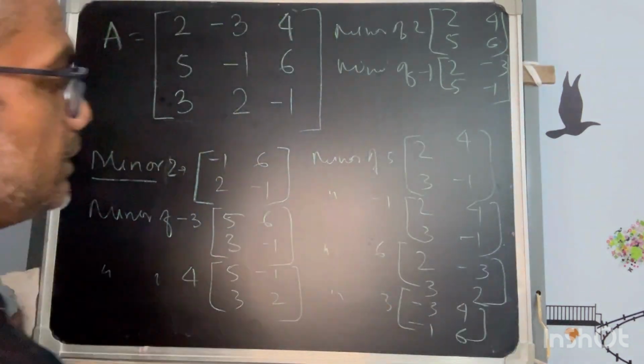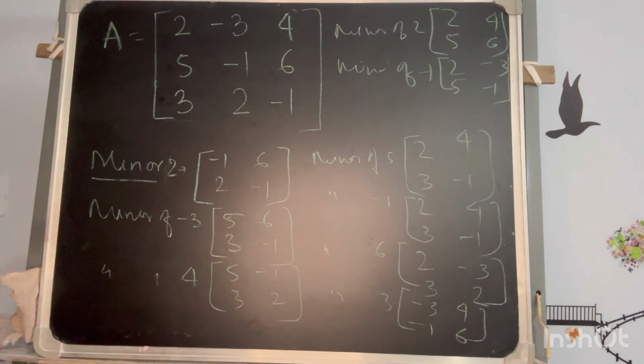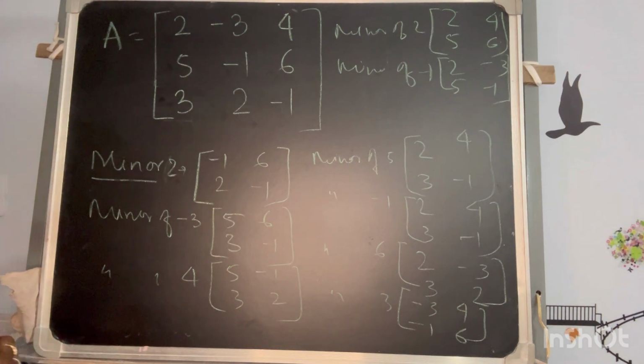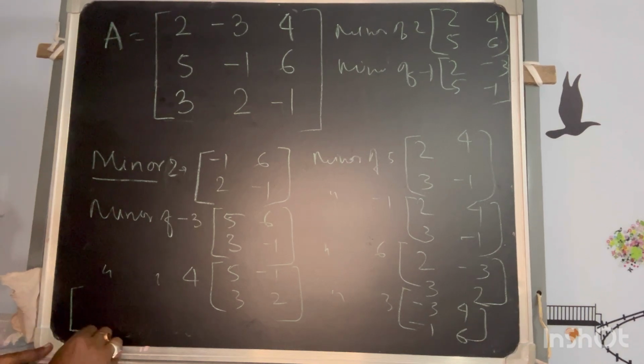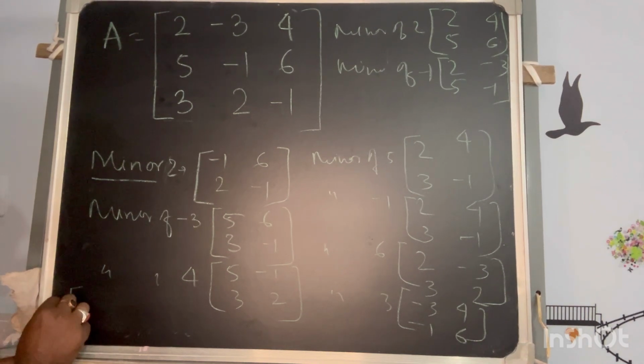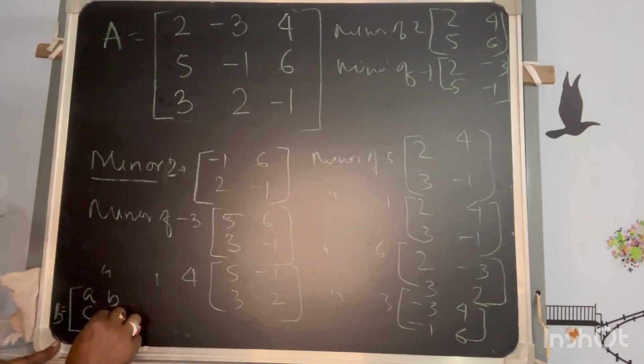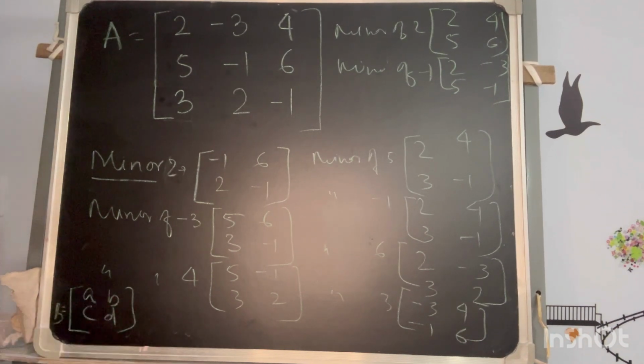Once you have done this physically, you have to do the calculation. For a second order matrix, let's say ABCD is a matrix, how do you expand it?